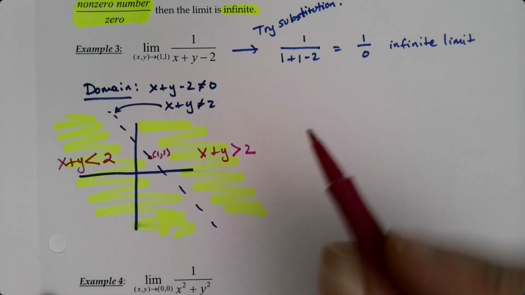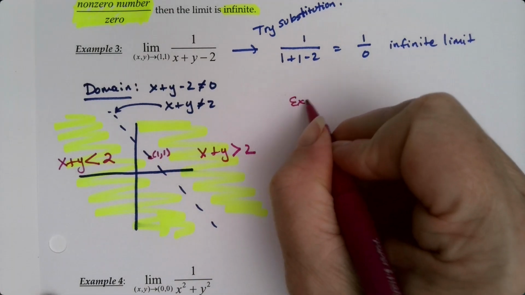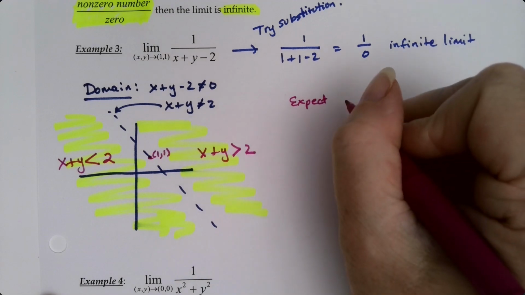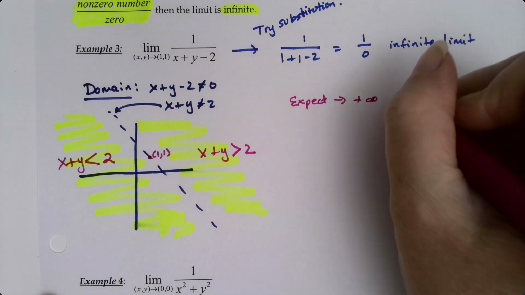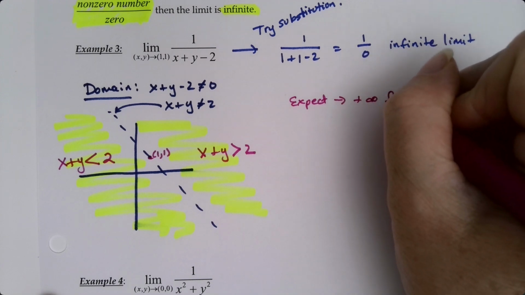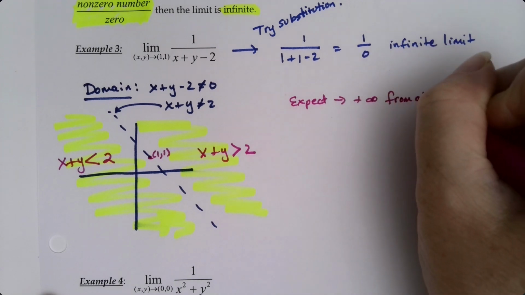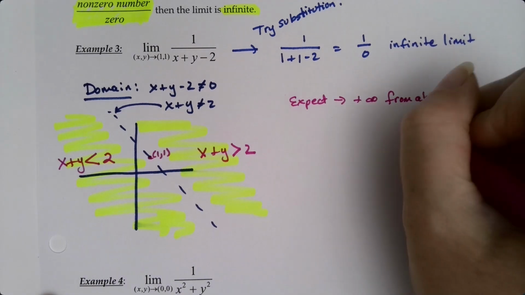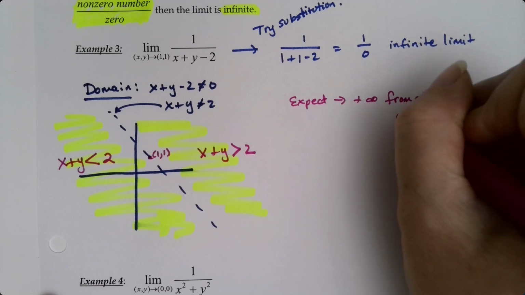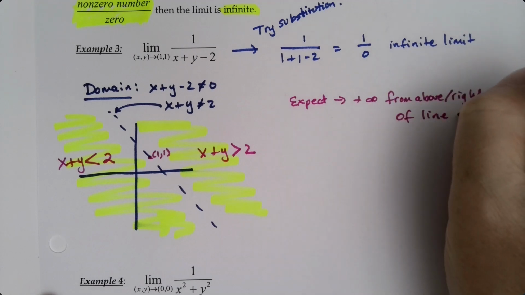Okay, now what is that going to mean? So we expect that the limit is going to positive infinity from above or to the right of the line x plus y equals 2.